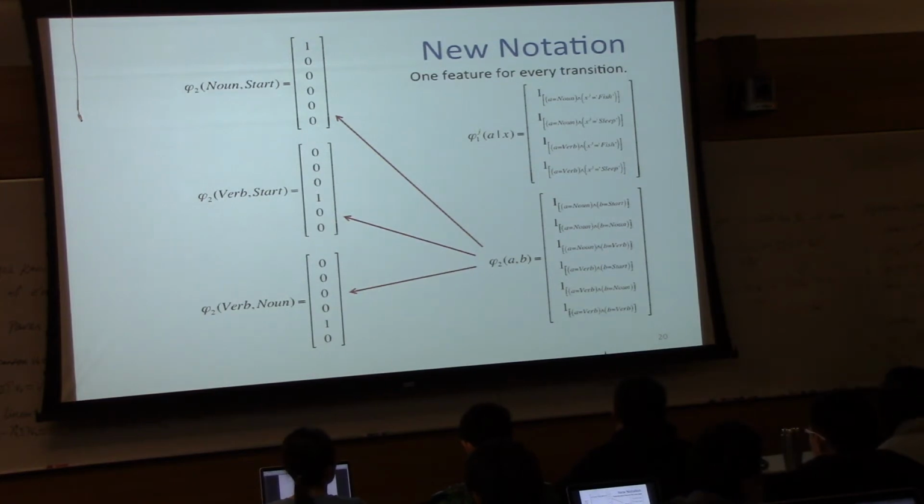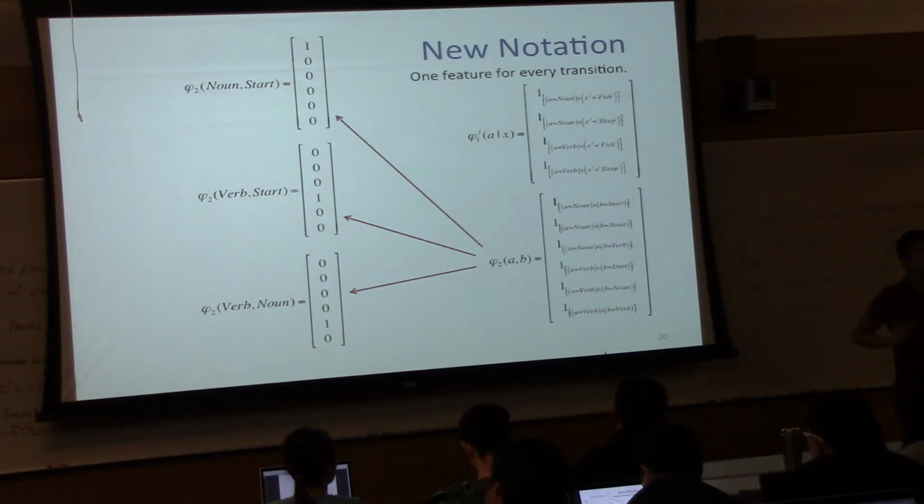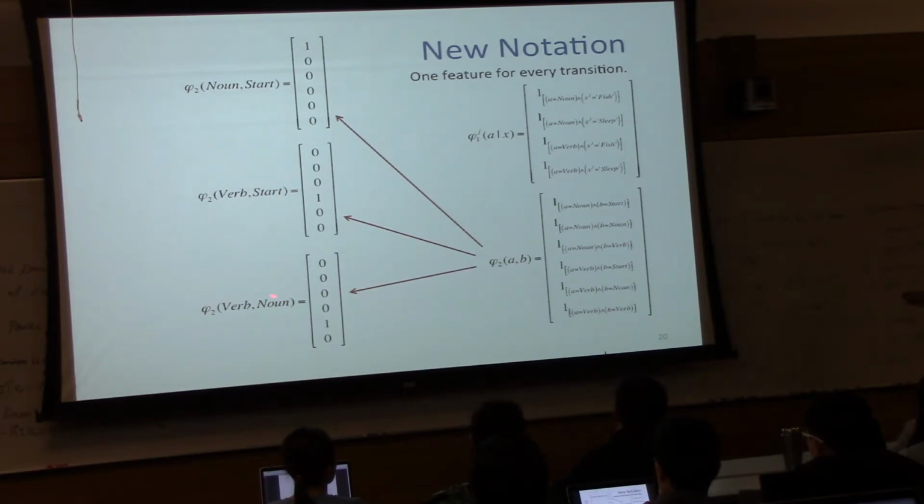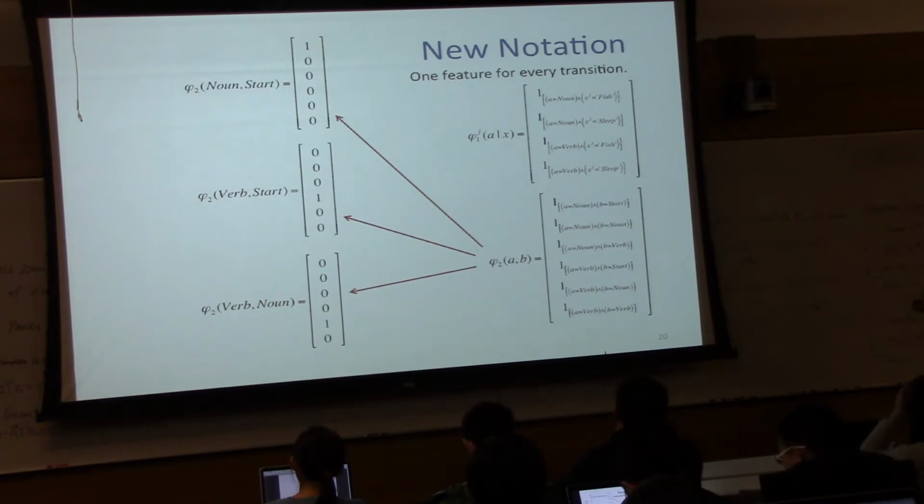Is there a reason there's not a superscript in this feature? Just for simplicity, you can have a superscript and you can condition on the word as well. So in general, you could say something like, I really care about noun to verb transitions if the current word is fish, right?